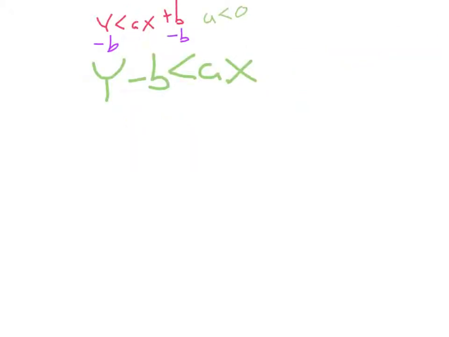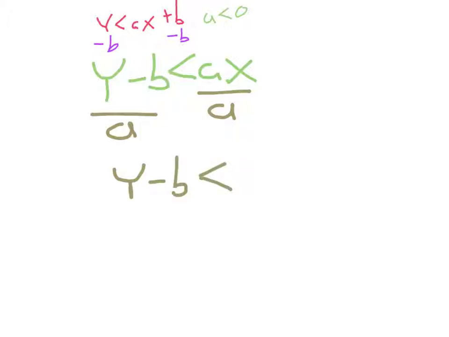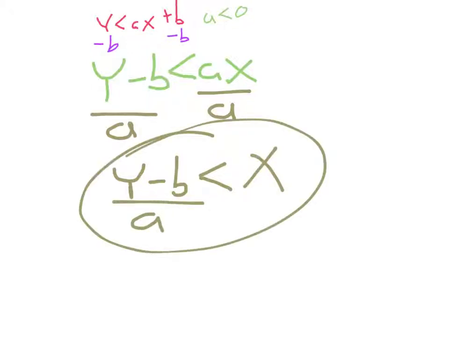Now, to completely solve this problem, we need to get rid of the a, because a is the only thing still connected to x on this side of the problem. So, in order to do that, you want to divide both sides by a, which would give us y minus b over a is less than x, which is the solution to this problem.